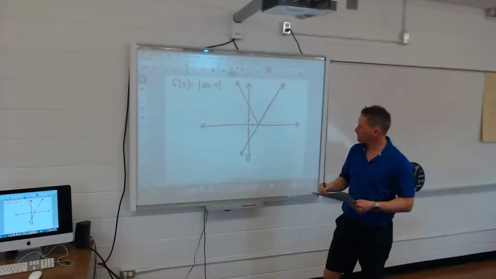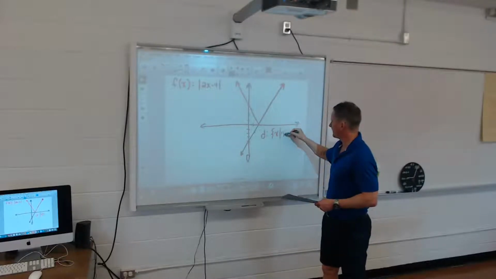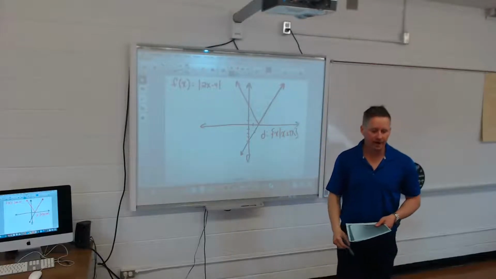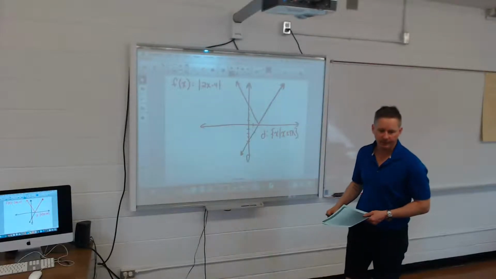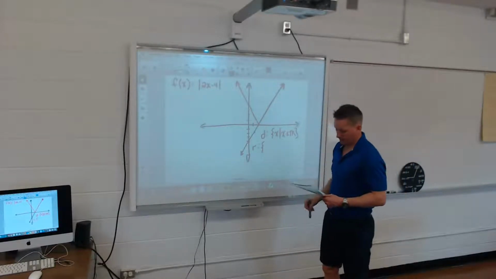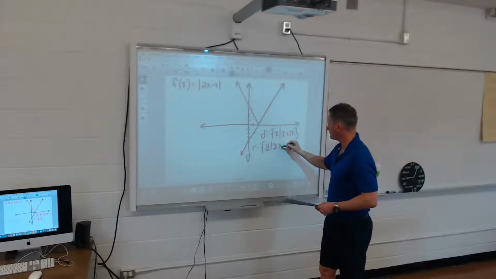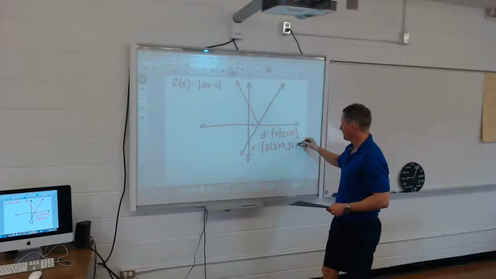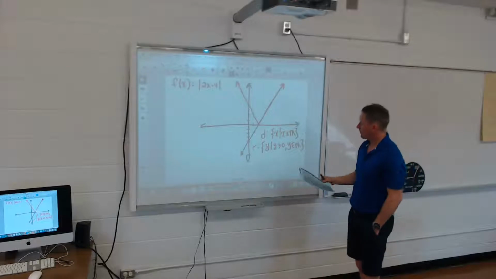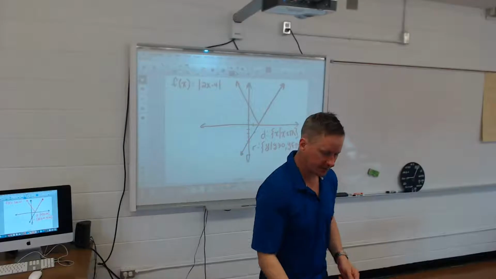State the domain and range. The domain for this graph goes left forever and right forever. Therefore, your domain is x is an element of all reals. Your range for this graph is the same thing as always: y is greater than or equal to 0, y is an element of all reals. Then it asks for the piecewise for this.